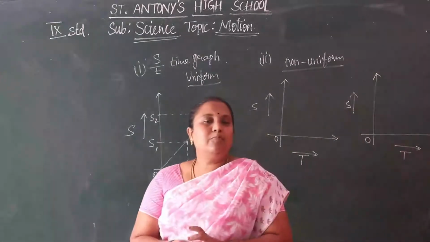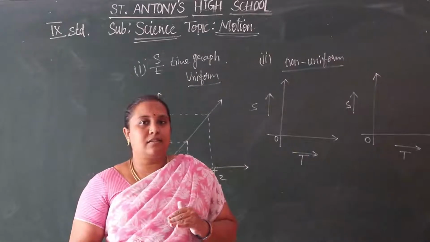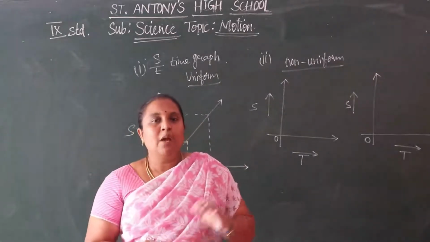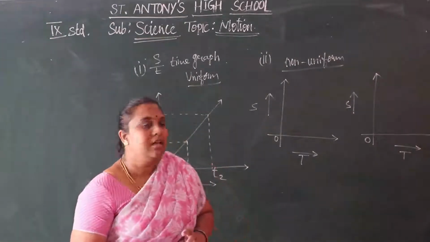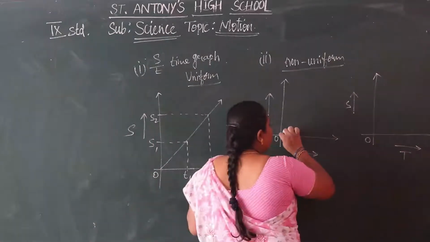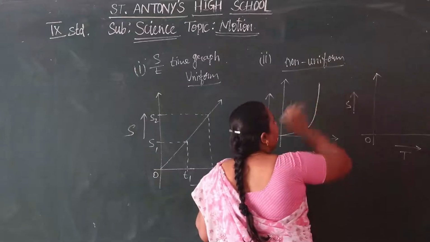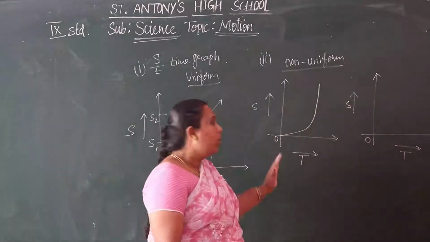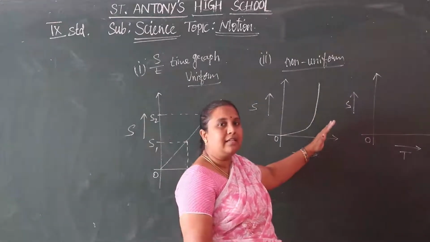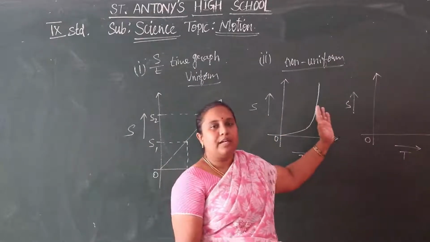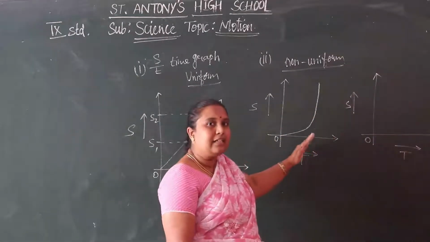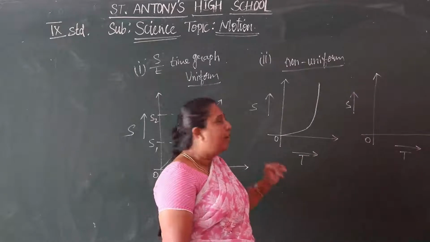In accelerated motion, the time intervals are the same, but the distances differ. The distance increases with respect to time, so the increase in the curve indicates accelerated motion.